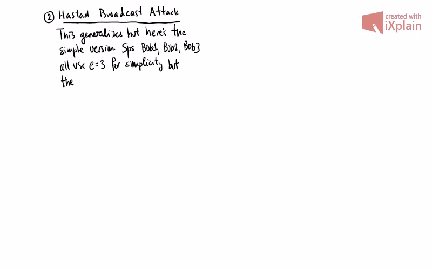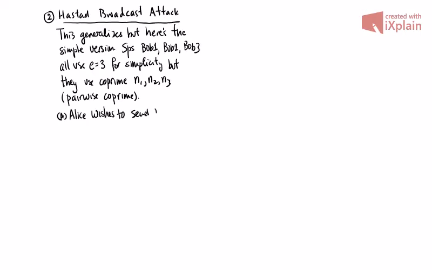They'll use, let's say they use coprime moduli. Coprime n1, n2, n3. Just so we're clear, this is pairwise coprime, which means the GCD of any 2 of them is 1. So here's the situation. It's a broadcast attack, which means that Alice is going to send the same thing to all of them. So Alice wishes to send P to all 3.